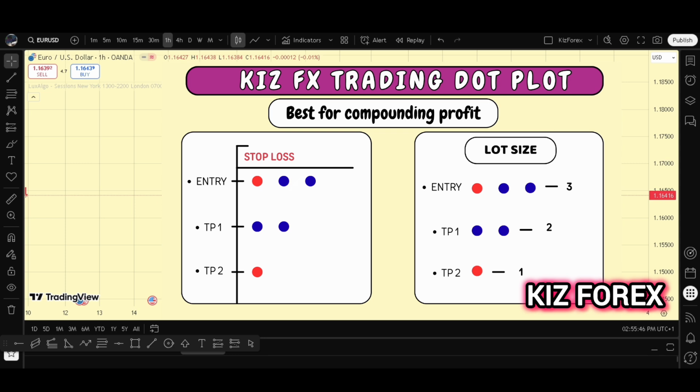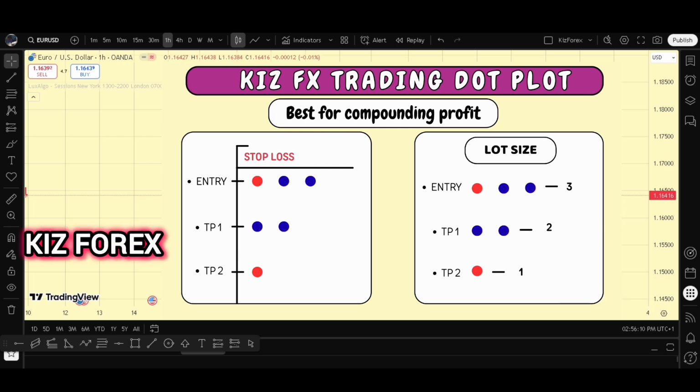So each standard lot size is what I represent right here. So now the blue one is one lot size, and then the orange one is also one lot size too. So I actually open two positions, which is this and this, having two lots, and then one position I actually open with one lot size.